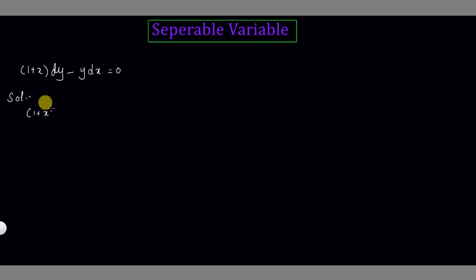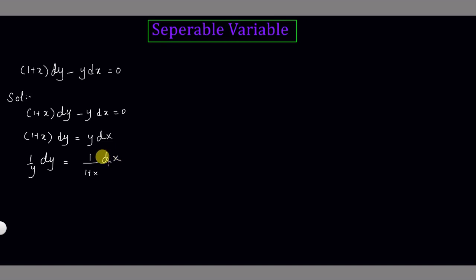So (1 + x) dy = y dx. Just take y dx on the right hand side and separate the variables, and we will get 1 over y dy equals 1 over 1 plus x dx.